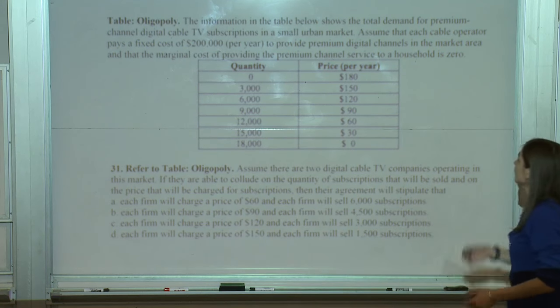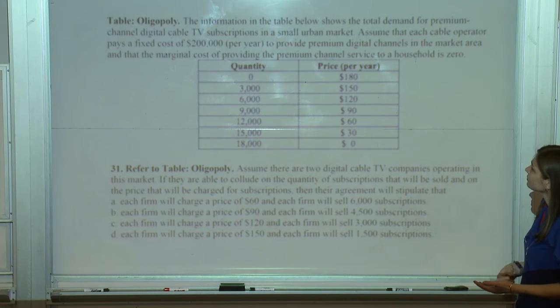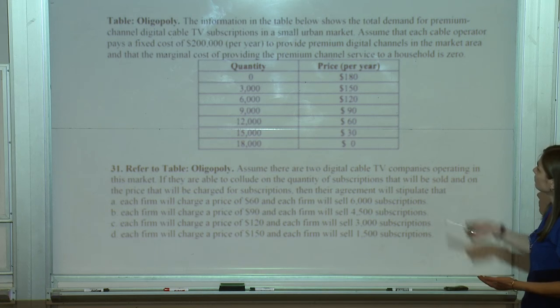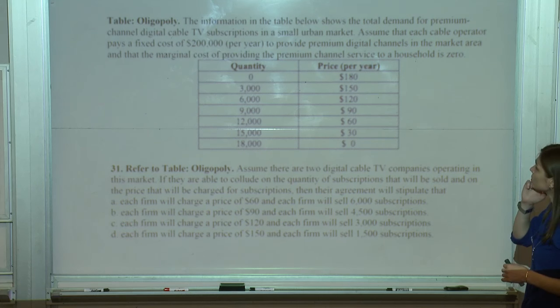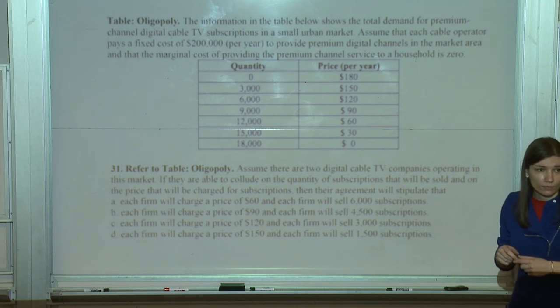All right. We have demand, price, and quantity, right? Each operator, or each producer, pays a fixed cost of 200,000 to provide the channels, and the marginal cost is 0.